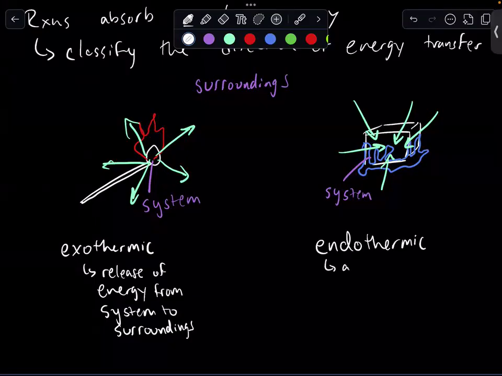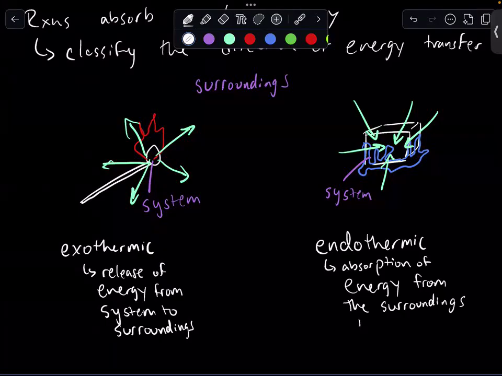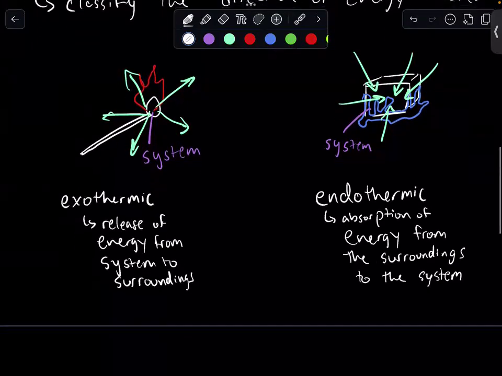This would be the absorption of energy from the surroundings to the system. So those are two types of reactions.